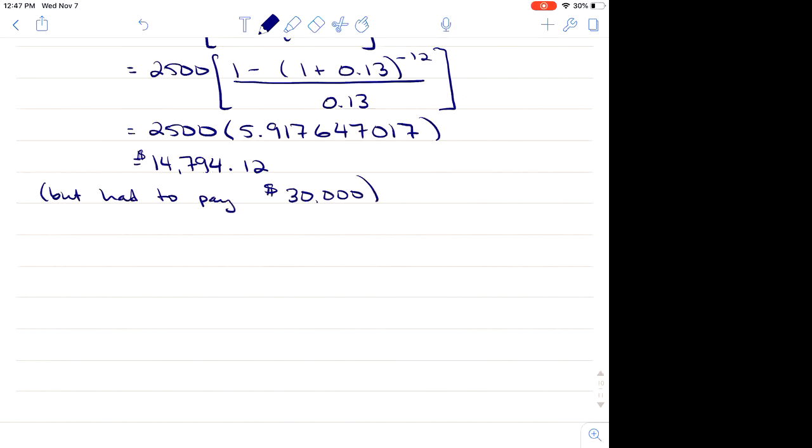Maybe I did it wrong. Seems high, doesn't it? 12 times 2,500. That Tank. Yikes. What a deal. 12 years, $30,000 later. Hope that 14 grand was worth it.